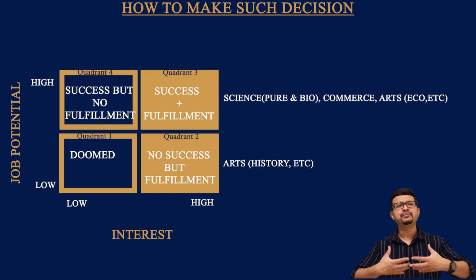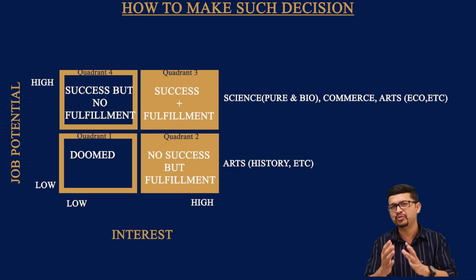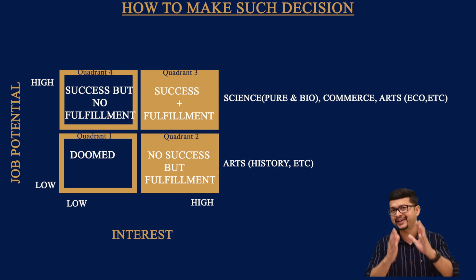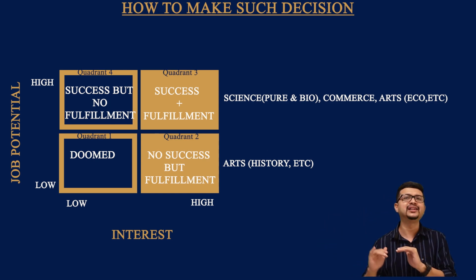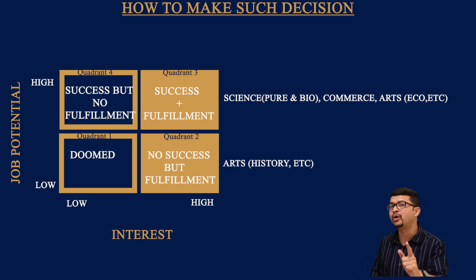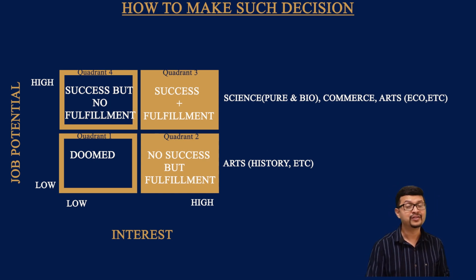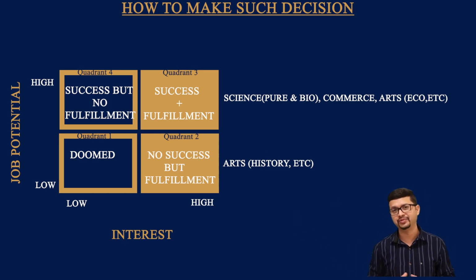What I'm saying is, because these roles prepare you for industry, hence there is a little bit more chances of getting a better job prospect, and hence I will put them above and I'll put arts lower here, as you can see, with the caveat that not all art streams come with lower job prospects. There are some like eco, which has wonderful job prospects, and there are many more. So I'm going to put arts at the top as well.